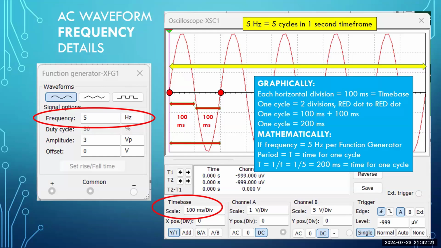The yellow arrow represents 1 second. And in 1 second, we have 5 cycles. So 5 cycles in 1 second is 5 hertz. But the period, which is far more important for us, is the time for one of those 5 cycles. And we can determine period graphically, and we can also determine period mathematically.